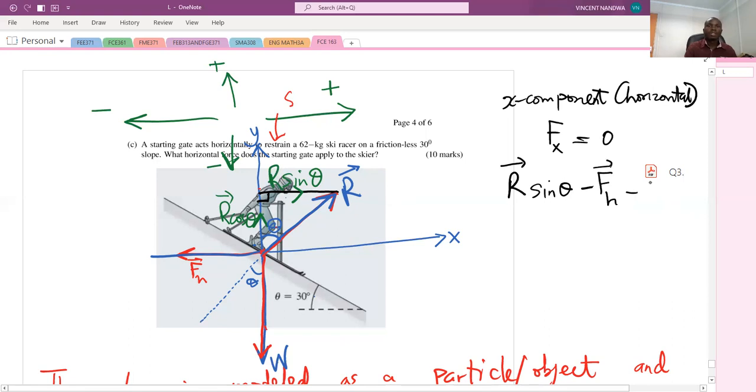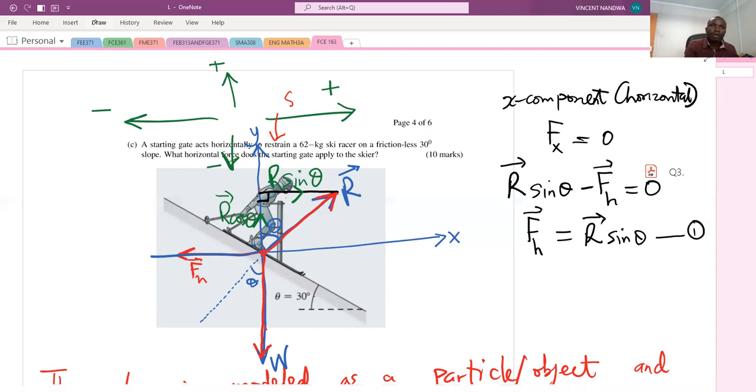Then that should give us 0. Those are the only forces acting in the horizontal direction. That's to mean that the restraining force is given by the normal reaction times sine of theta, and we know theta is 30 degrees. Call this equation 1.